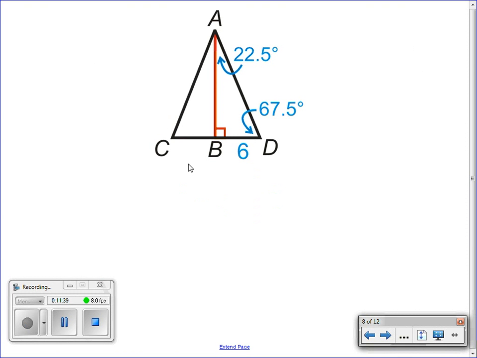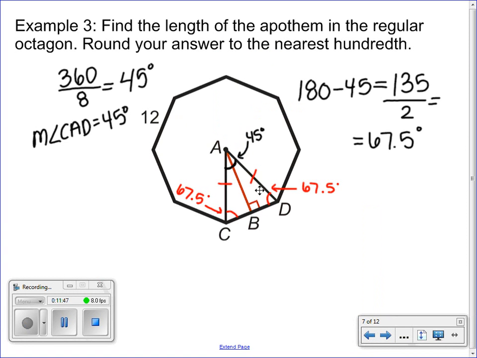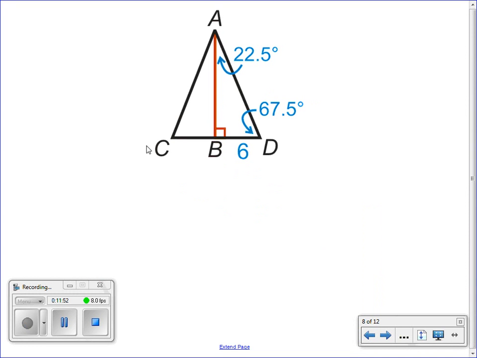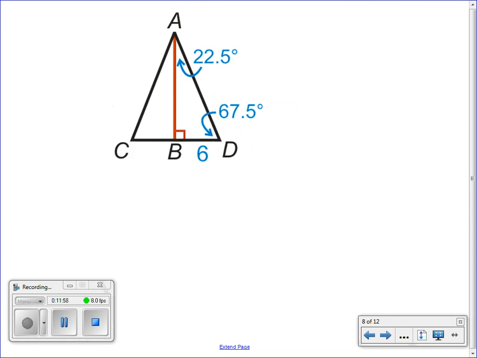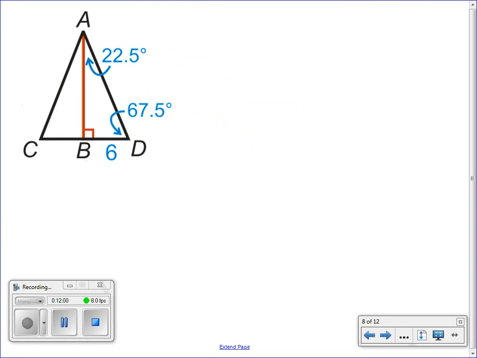All right, so essentially we have this triangle. So let me go back real quick so you can see it. Looking right here at CAD, I've just now expanded it to be a little bit larger. So if we look at the triangle CAD, we have labeled that CAD was 45 degrees.